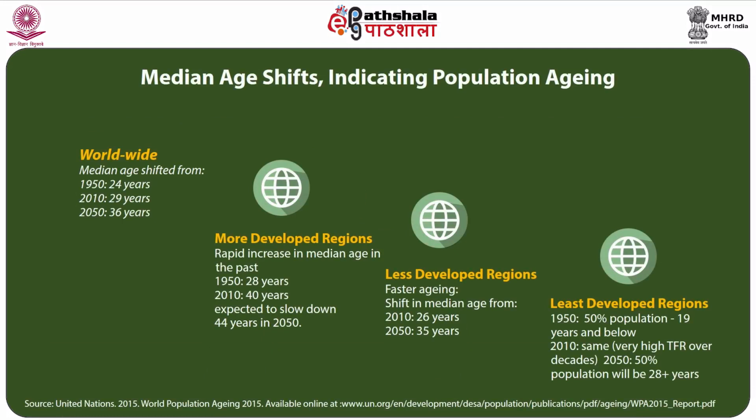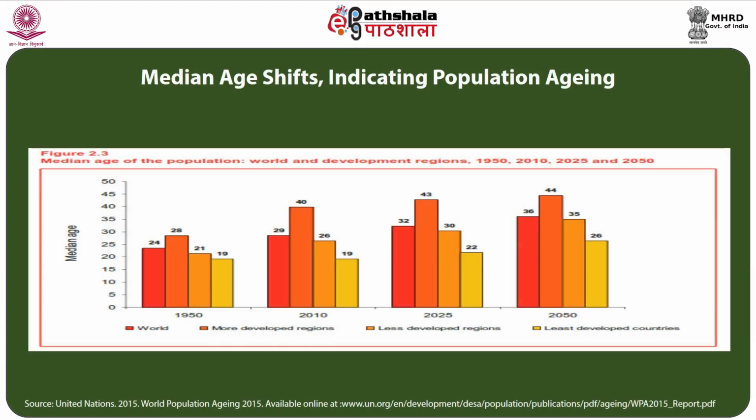And that is how the age transition is experienced by different countries, which is reflected in the present situation of population aging. And the median age in the world and different regions, and also different less developed or more developed regions, over a period of time clearly shows that there is a steady increase in the median age of the population across these periods of time.